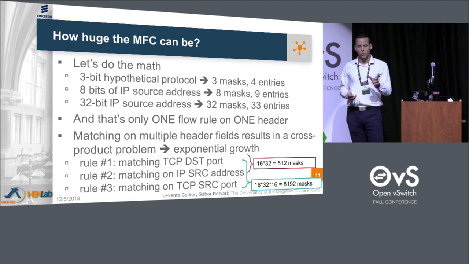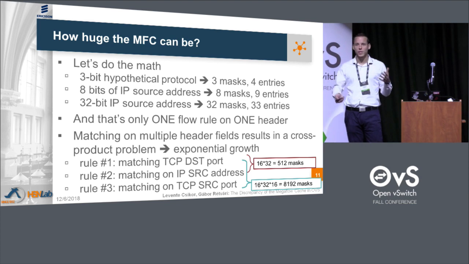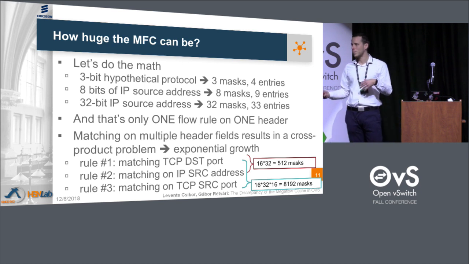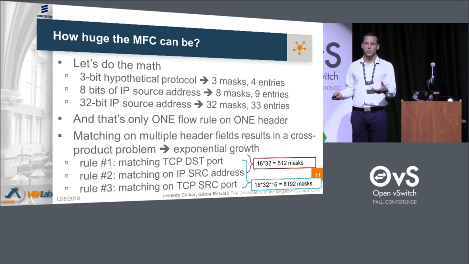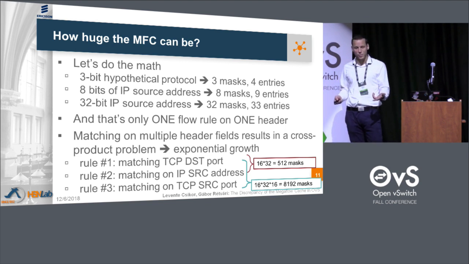If you want to match on multiple header fields, you end up with the typical cross-product problem of having multiple tables in the pipeline. If I try to match on the TCP port only, which has 16 bits, it will represent 16 entries in the Megaflow cache.